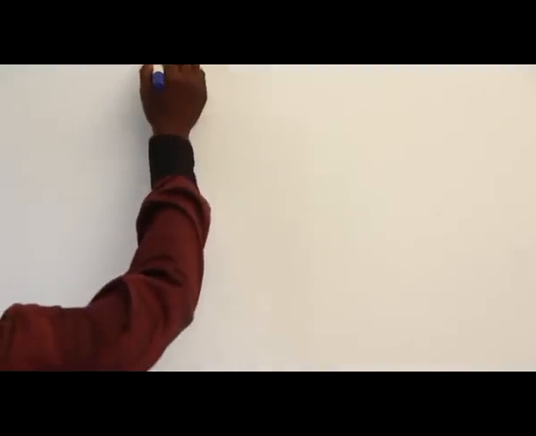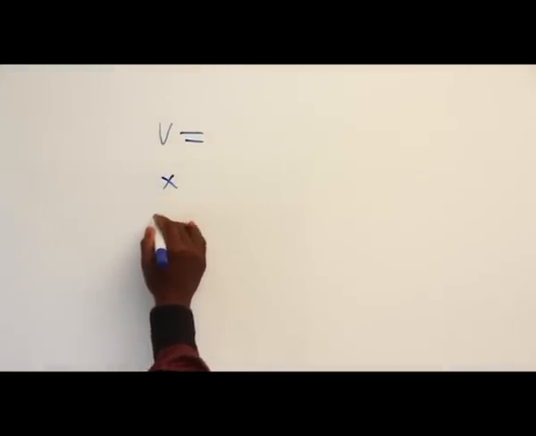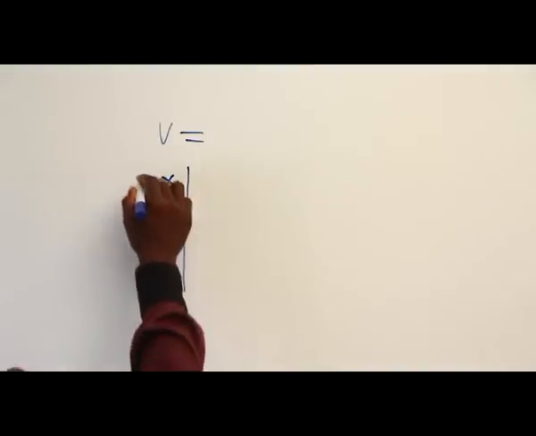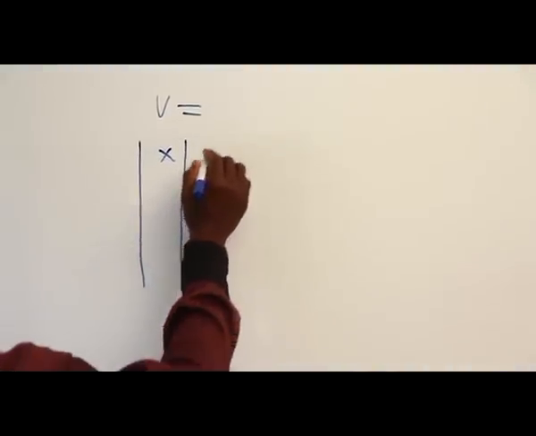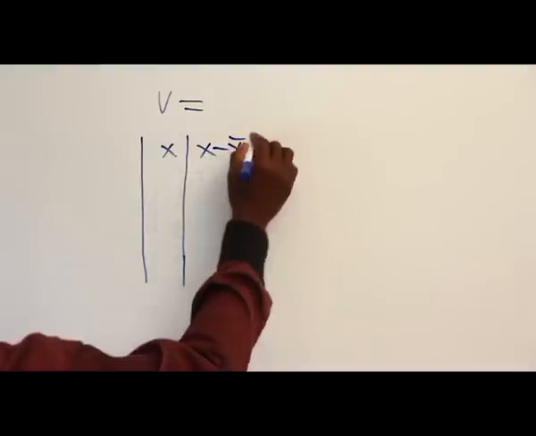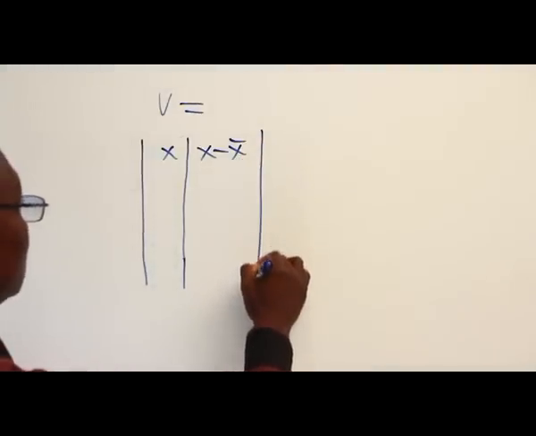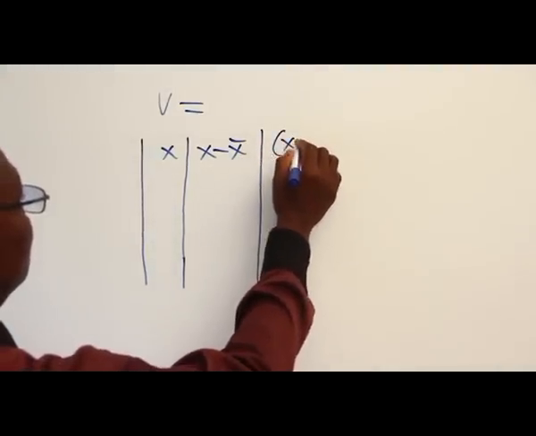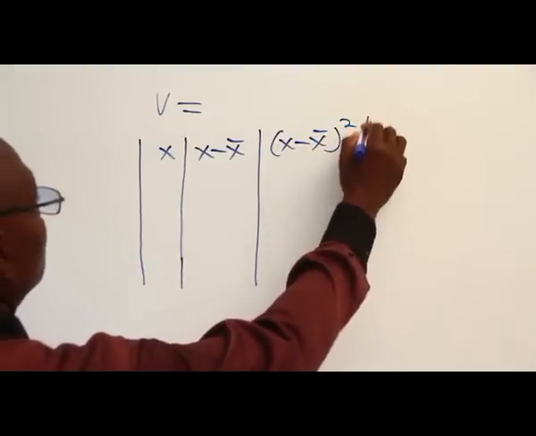Now we can look for the variance by constructing a simple table that will give us (x minus mean of x) squared. So we say variance equal x, that is number in the distribution, x minus mean of x, and (x minus the mean of x) squared.